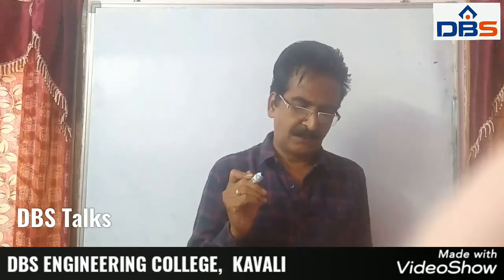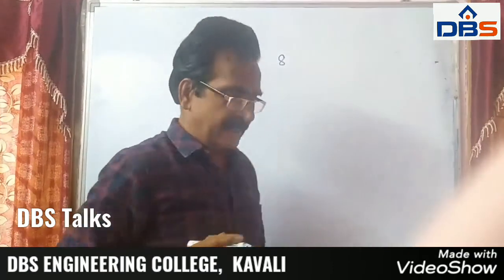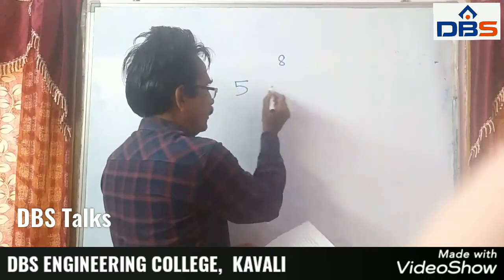A person invites 8 guests to a dinner and places 5 of them at one table and the remaining 3 at another table.